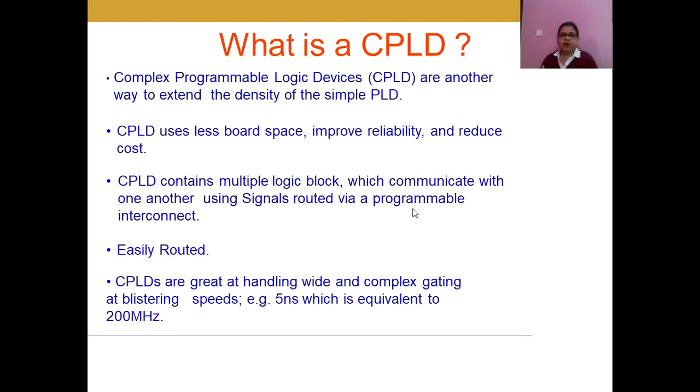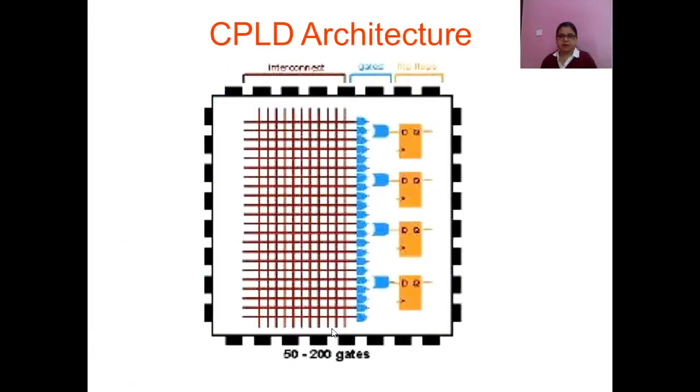Means reprogramming can be done. It's a reconfigurable type of structure. The routing of these blocks is easy, and CPLDs are great at handling wide and complex gating at a good speed, for example, 5 nanoseconds, which is equivalent to 200 megahertz. So up till this, we can have a speed of a CPLD.